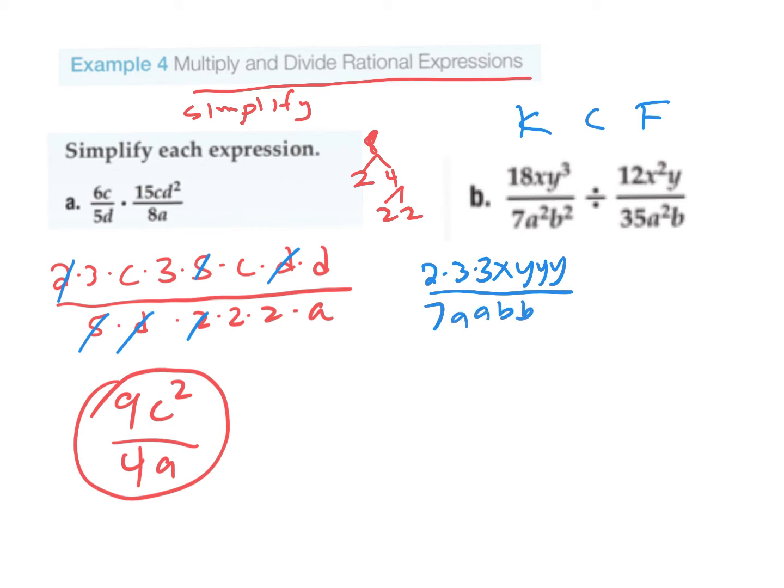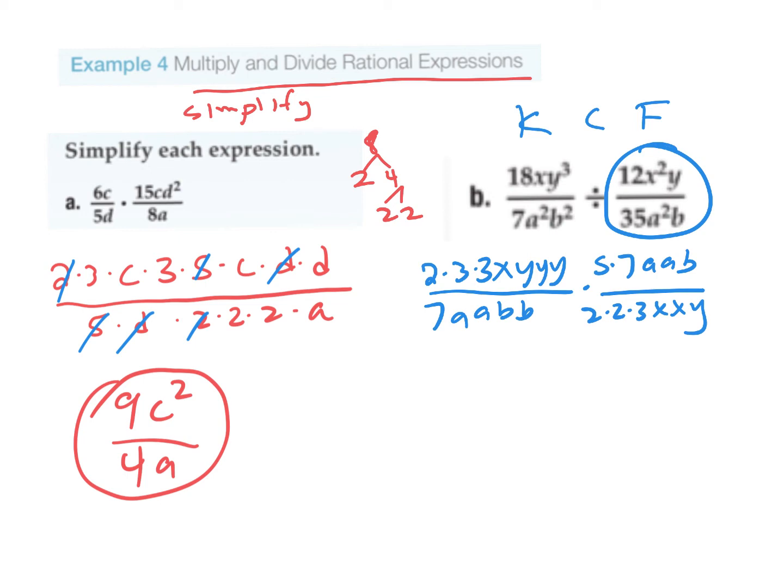But I'm going to change this to a multiplication, which is really the same thing as simplifying, and I'm going to flip this. So the 35 goes on top. So 35 is 5 times 7, a, b. So there's my top. And the 12 becomes 2 times 2 times 3, x, y. So all I did was flip this. That's how I get 5 and 7. And then I still factored.